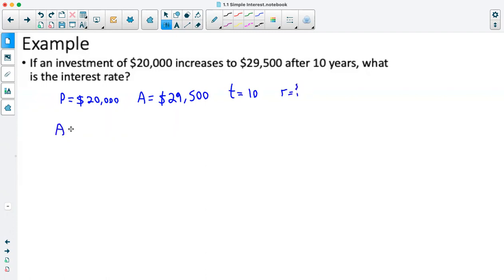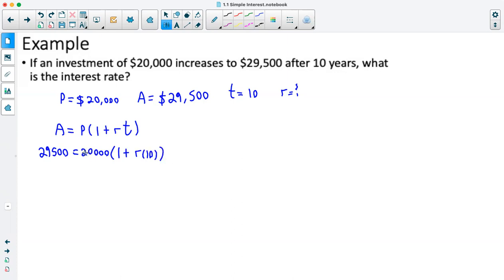So we'll go back to that equation we derived earlier. If A is equal to P times 1 plus RT, we'll fill in our information that we do have, and then rearrange to solve for our interest rate. So our A was 29,500, is equal to 20,000 times 1 plus R times our time of 10 years.